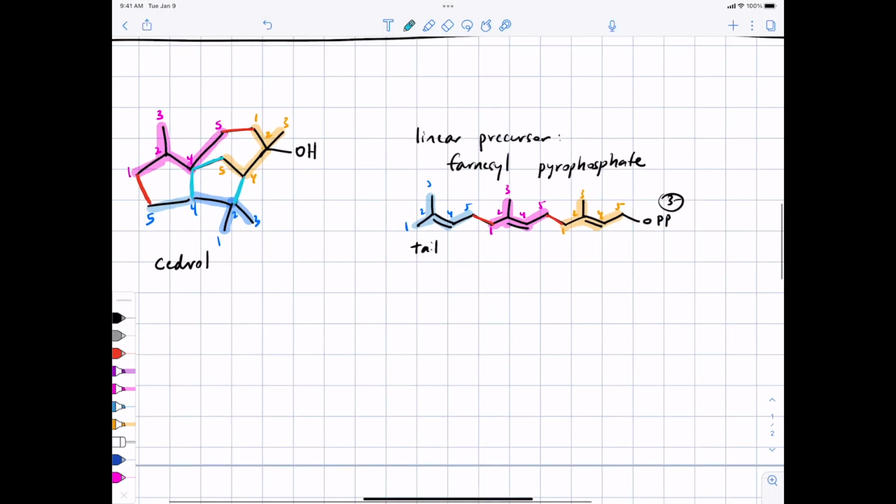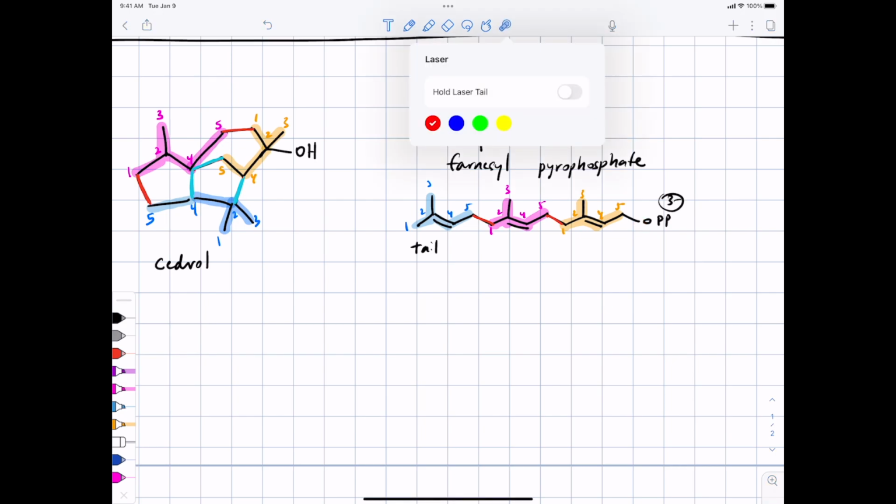So, looking at the linear precursor, if I want to make a bond between pink 4 and orange 5, what do you think has to happen? First thing is leaving group leaves, right?